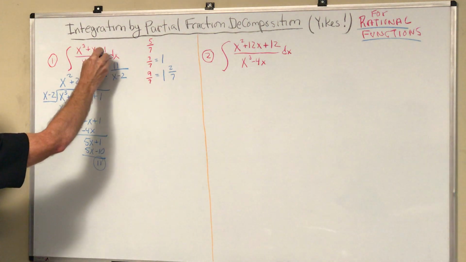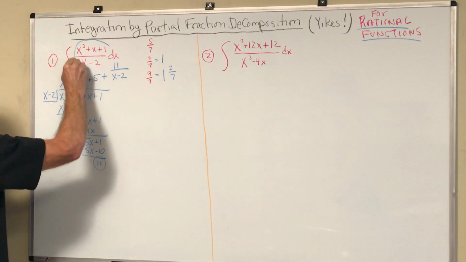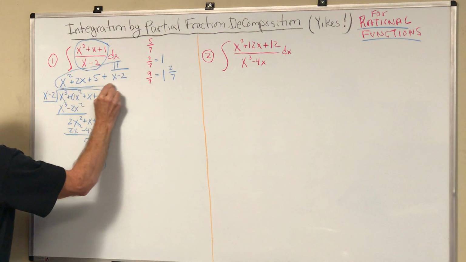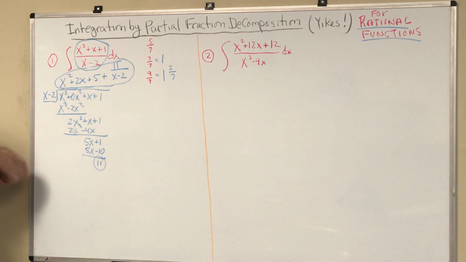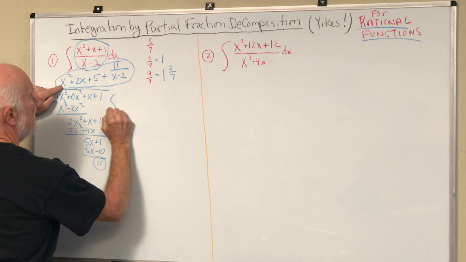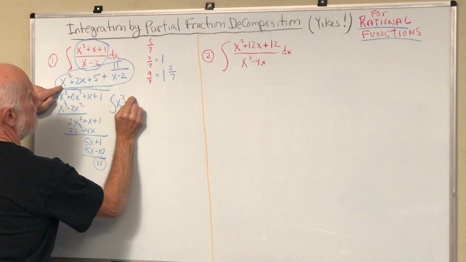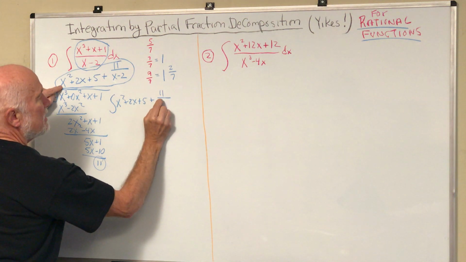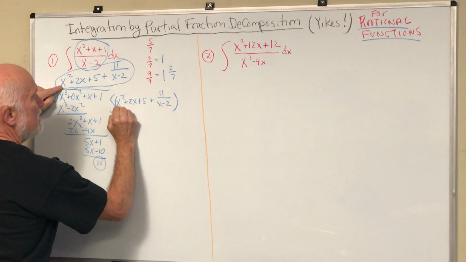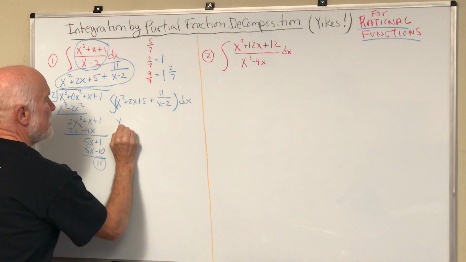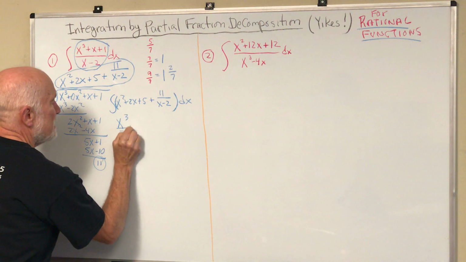So what we've done, we haven't done any calculus, we've just taken this fraction and converted it into the polynomial plus a simpler, proper fraction. So the answer to this integral is going to be the answer to this integral. Well, the antiderivative of x squared is x cubed over 3.